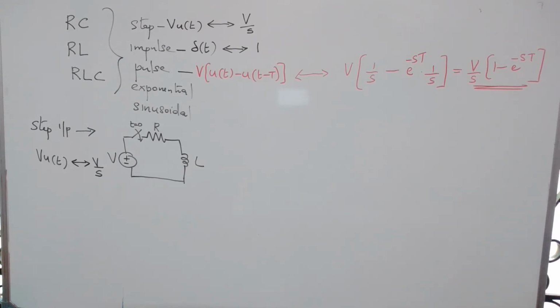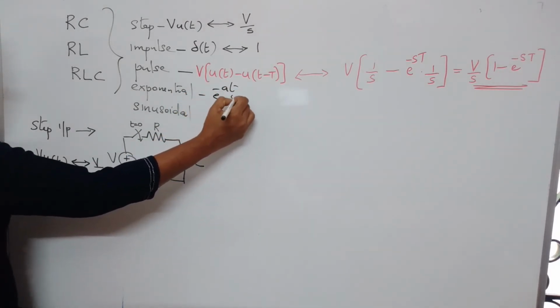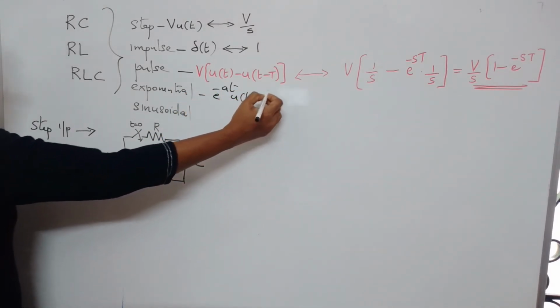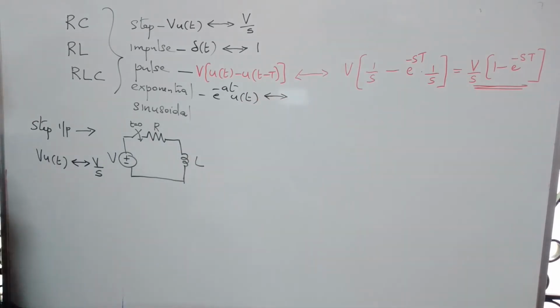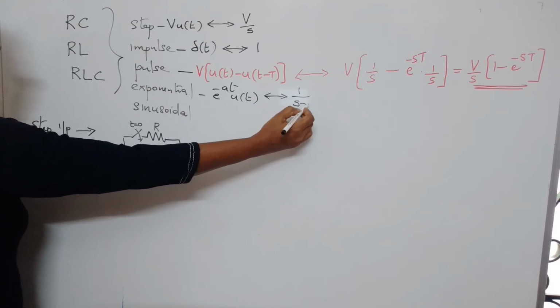Now exponential we have learned, right? E raised to minus at u of t. How do we represent that in S domain? It is 1 by s plus a.